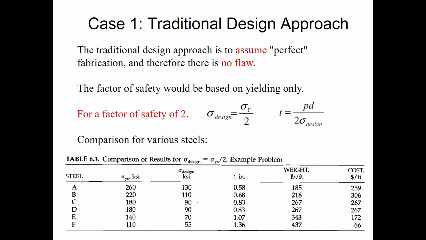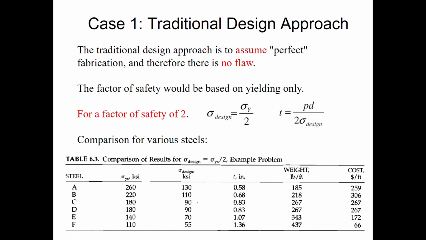So using the equation sigma design equal to sigma yield divided by 2, it means that the sigma yield is actually 2 times the sigma design. If you multiply sigma design by 2, you get the value for sigma yield. This is just for the design, while they already give you the value for each material. Also, you need to apply this because we want to calculate the geometry.